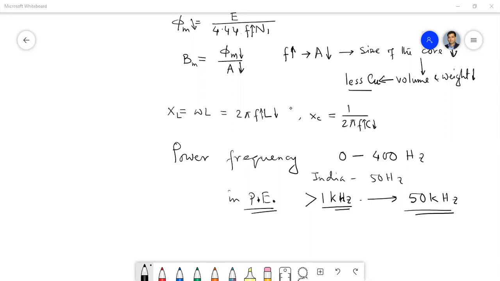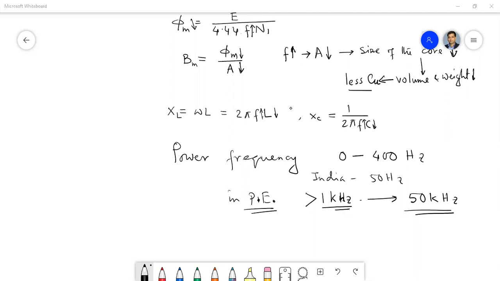Therefore we compromise, and 50 hertz and 60 hertz become almost the convention. Now, if we want to reduce the losses, we can do so by selecting proper materials. But even by selecting the material, we cannot go for very high frequencies, as then the losses will be manifold.